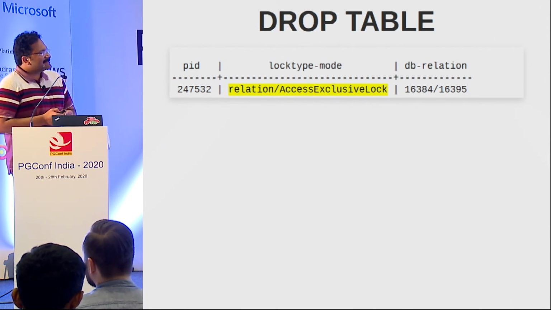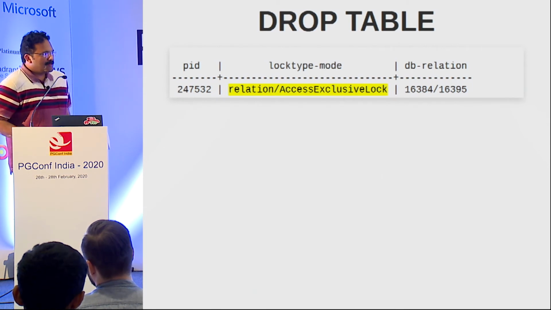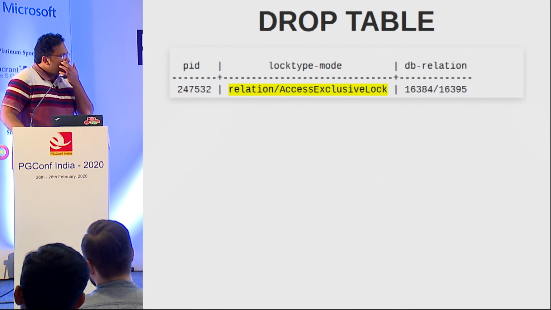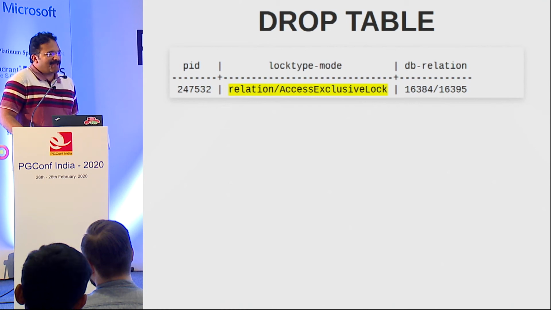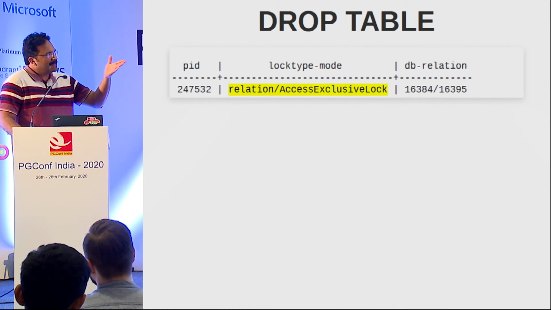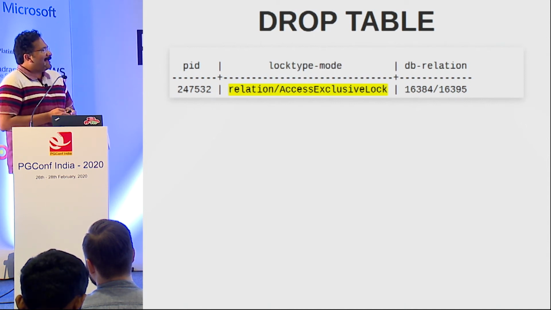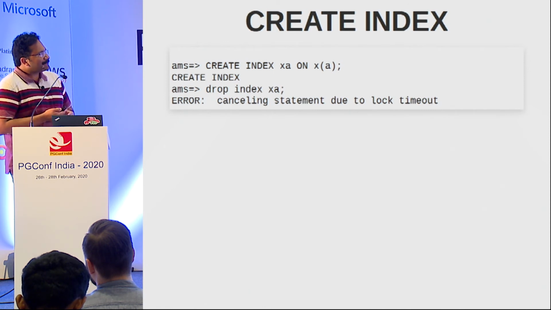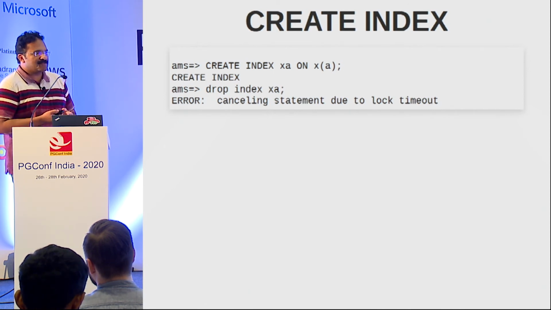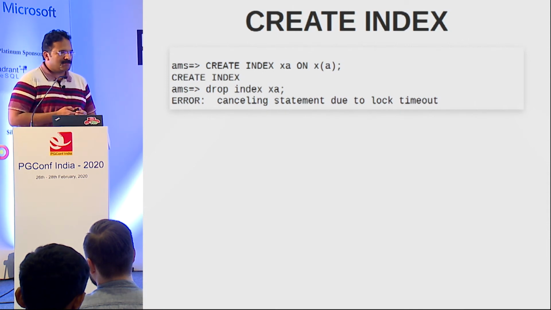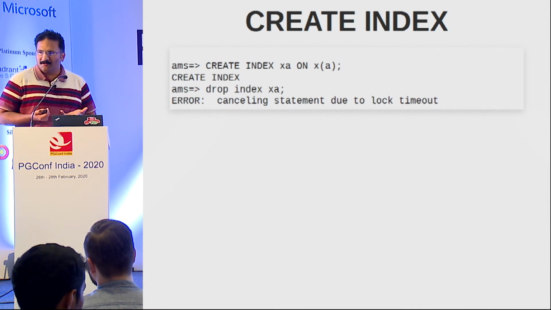It's an access exclusive lock, which you may recall is the strongest lock type. It is blocked by any lock held anywhere else in the system on that relation. The relation, of course, is our table X. And similarly, other DDL statements take different modes of lock on the objects that you ask them to operate on.